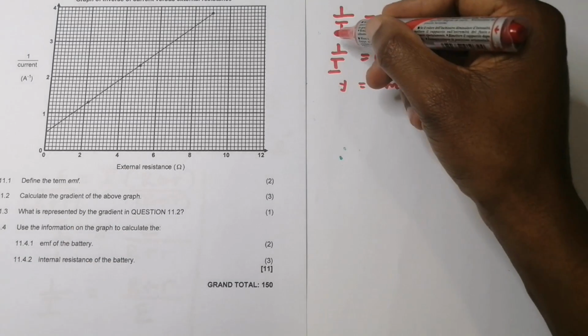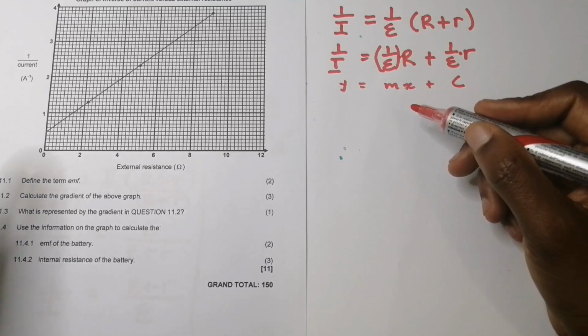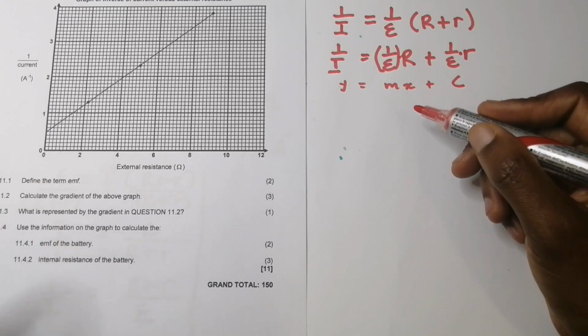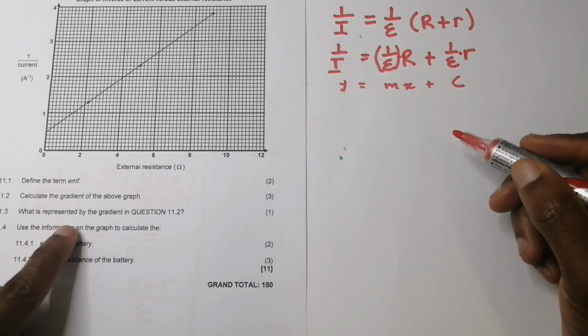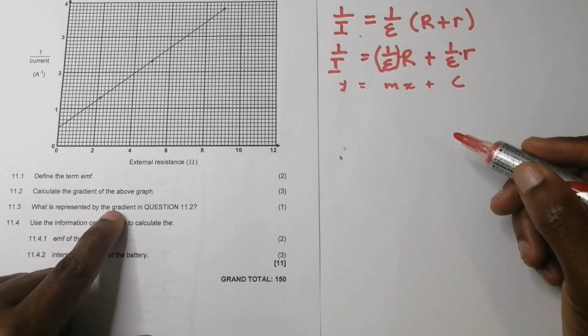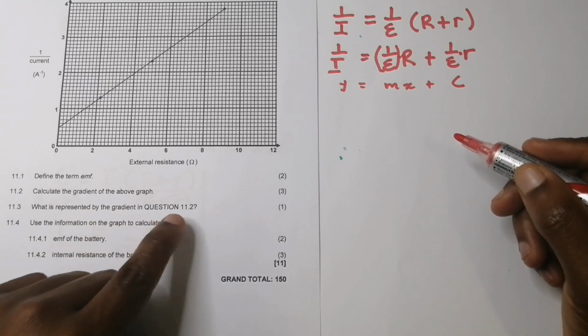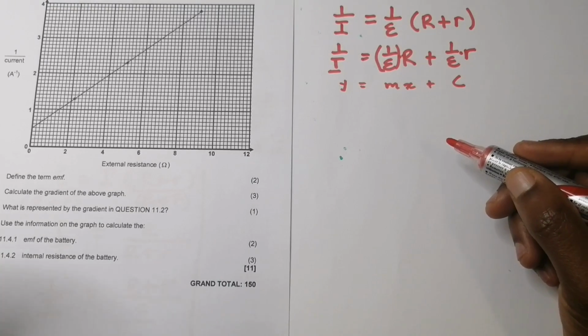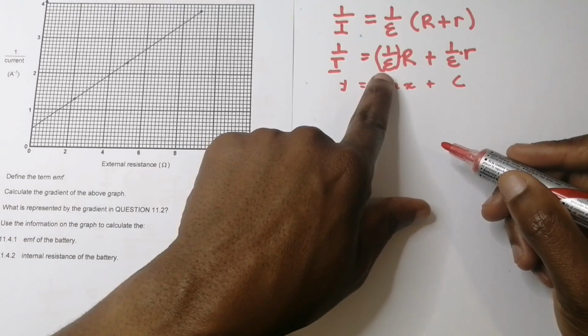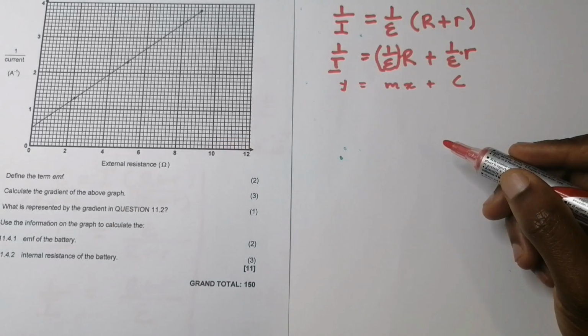So in this case, 1 over current, that's your y, okay, and your m, in this case it's 1 over E. So they asked us the question, what is represented by the gradient of the graph in 11.2. So the gradient represents the inverse of the EMF.